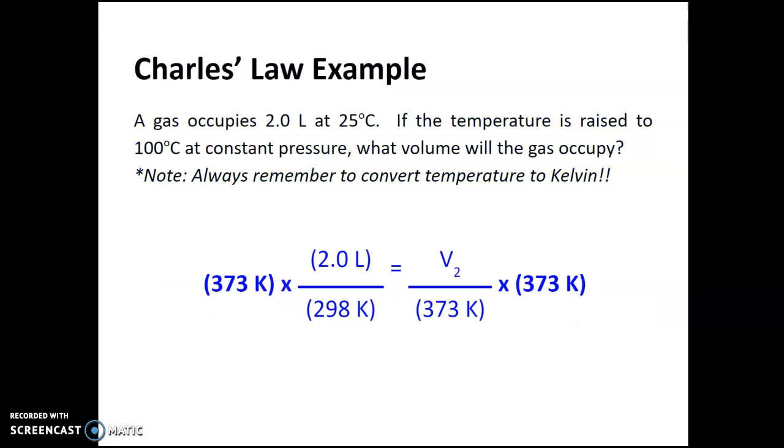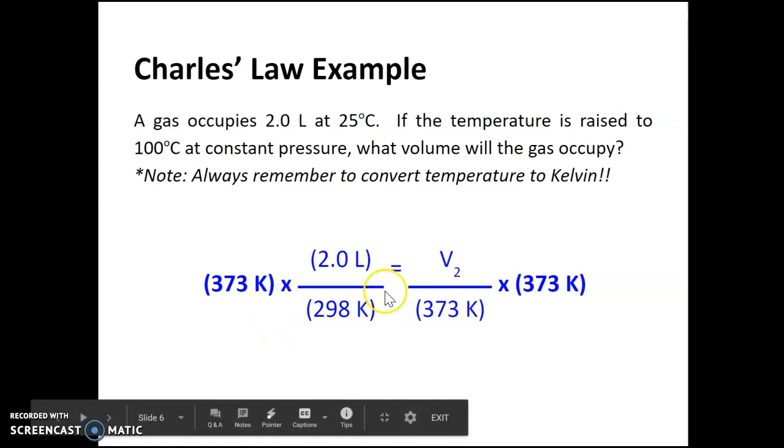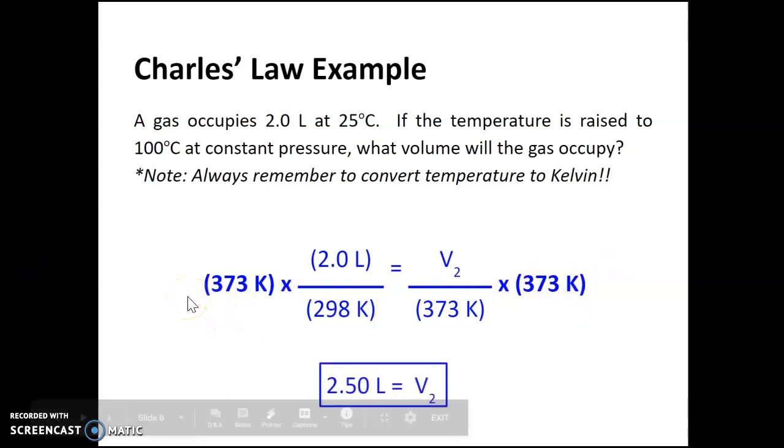So then I've kind of simplified it down here. We have 2 liters divided by 298 Kelvin equals volume 2 divided by 373 Kelvin. I want to get volume 2 by itself, and that's why I went ahead and multiplied both sides by 373 Kelvin. And when I do that, I get volume 2 is equal to 2.5 liters.